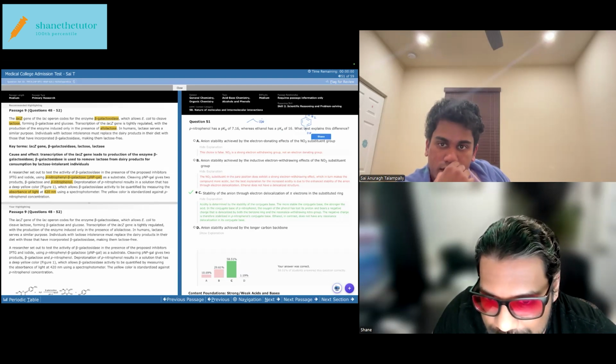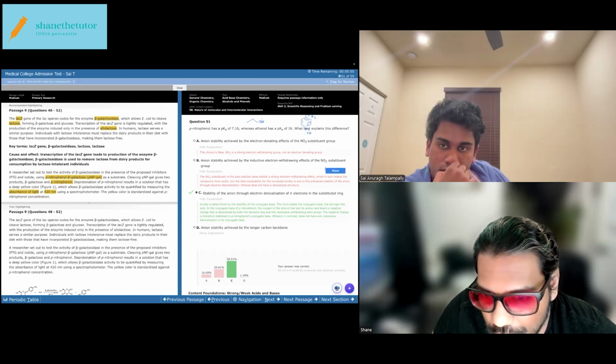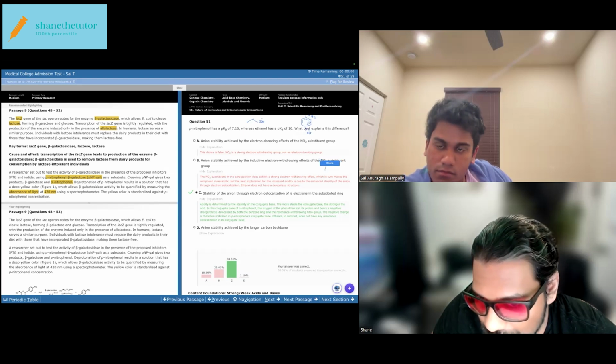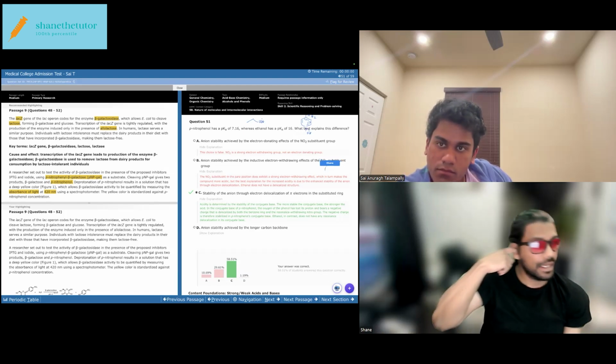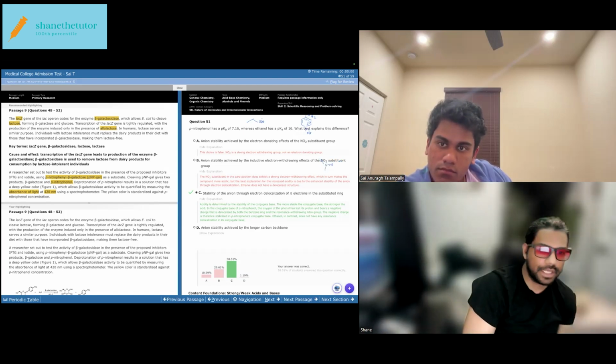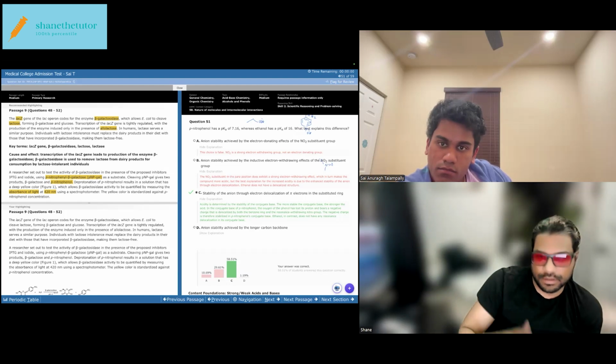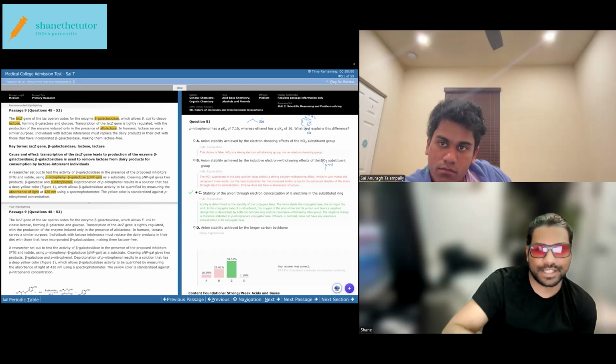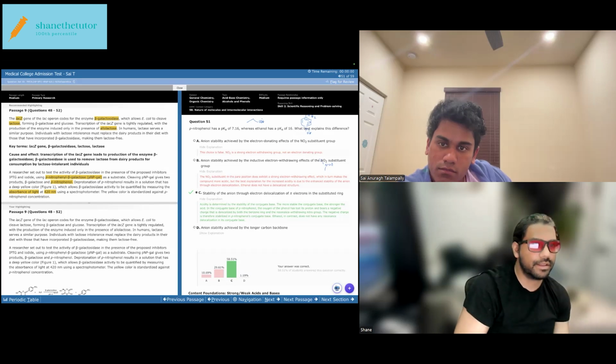Whereas if this one loses its hydrogen to be O minus, it can put the electron to make a double bond there, put this one here, and even the NO2 would be something like that, which has resonance itself.